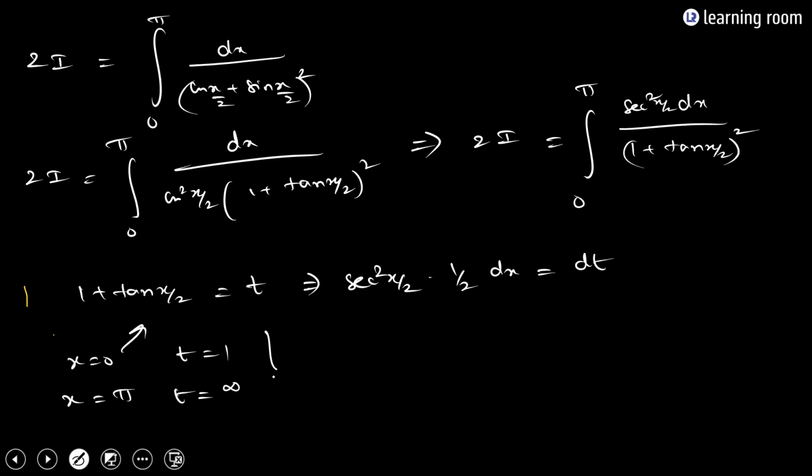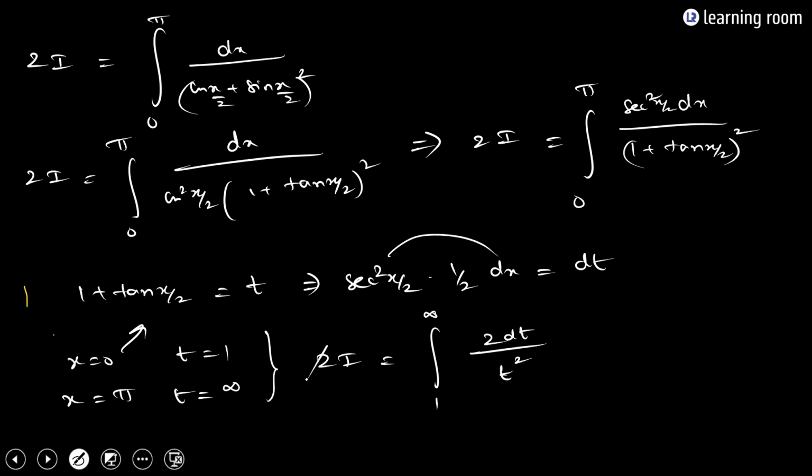So 2I will be equal to integral of 1 to infinity, secant square x by 2 dx is 2 dt, divided by t square. Did you understand what I did?